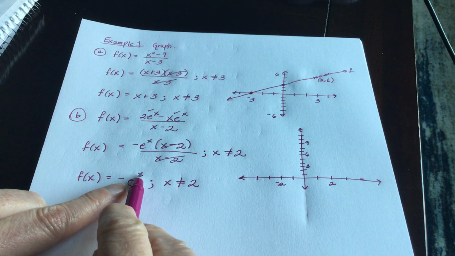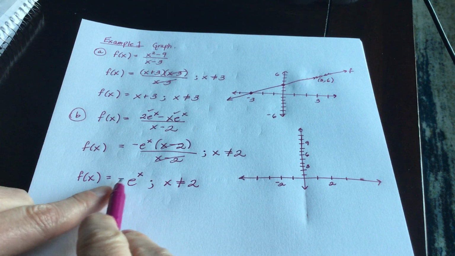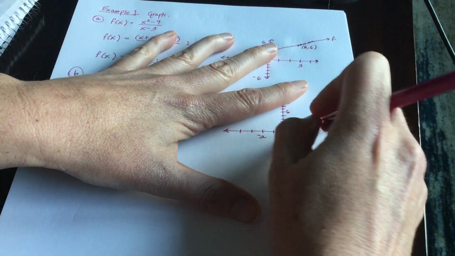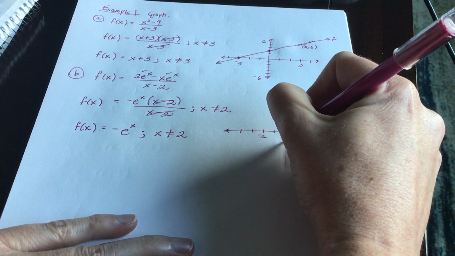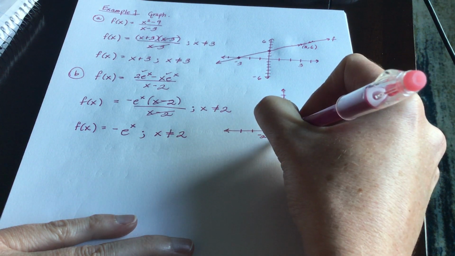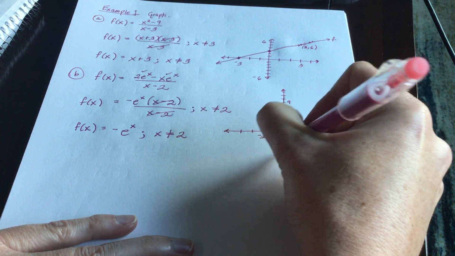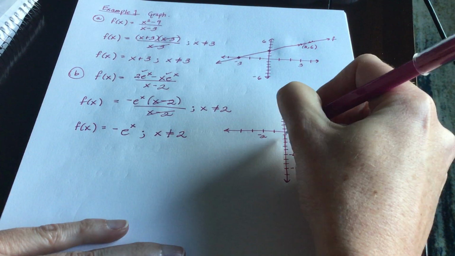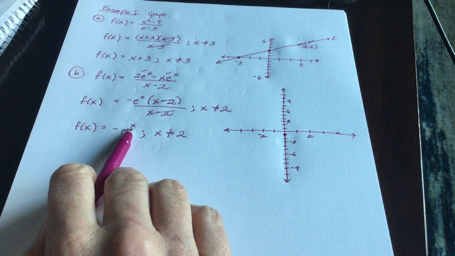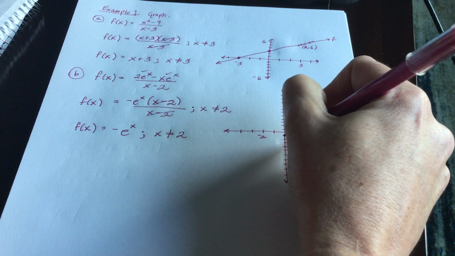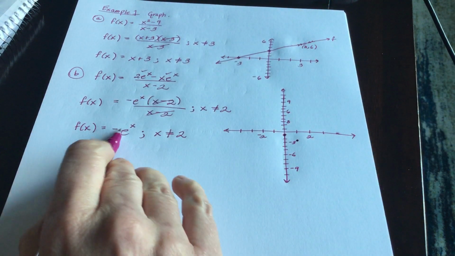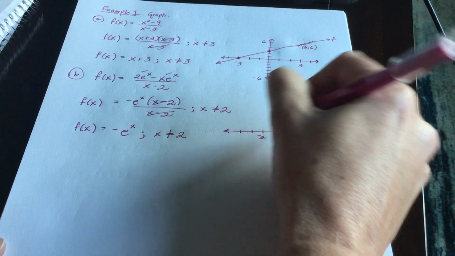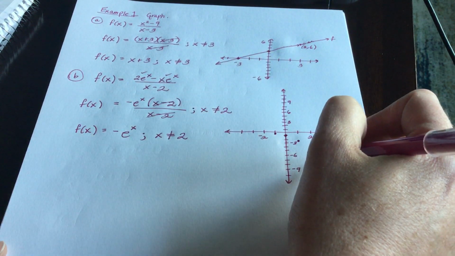If I was to plug in 0 for x, I'd have e to the 0, which is 1, but then times negative 1. Okay, negative 1. Putting in 1 for x would give us negative e, which is almost negative 3. Putting in negative 1 for x would give us negative 1 over e, so it's kind of like negative 1/3. And so this would be the graph.